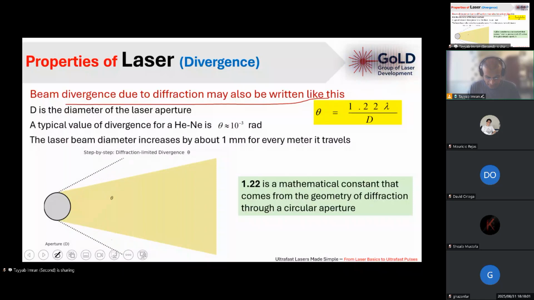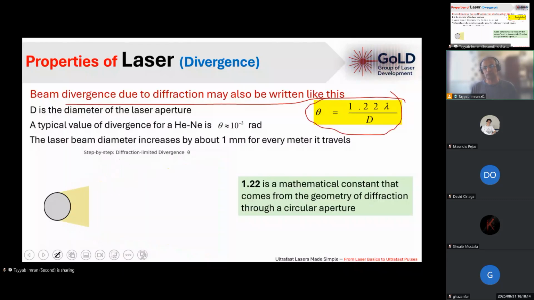Because of this diffraction, we can measure the beam divergence. The standard formula you can see in any textbook: 1.22 lambda over d. 1.22 is a constant factor that comes from the geometry of the diffraction. Lambda is the wavelength, and d is the diameter of the laser aperture from where the laser is coming out.